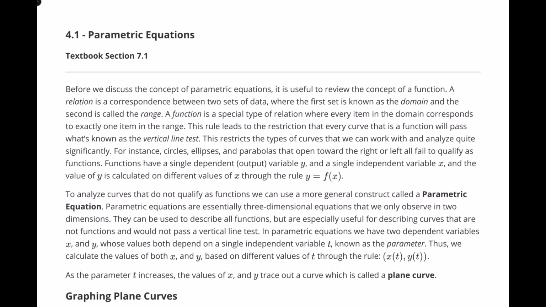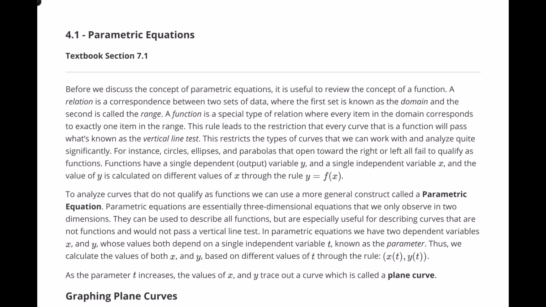And there's all kinds of different types of curves that you could come up with that would not pass a vertical line test, but you would want to be able to do some sort of calculus-based analysis for. So to expand that, we're going to introduce what's known as a parametric set of equations.